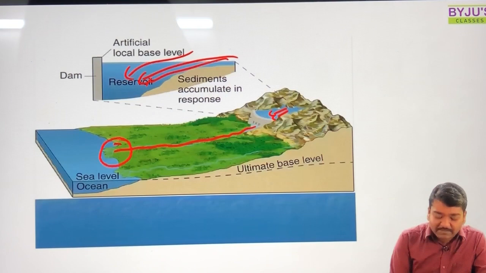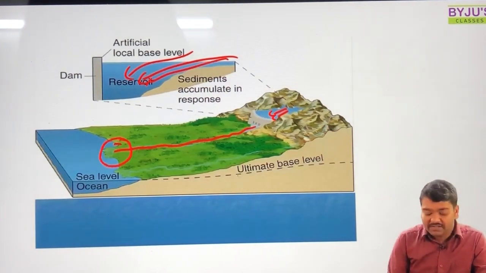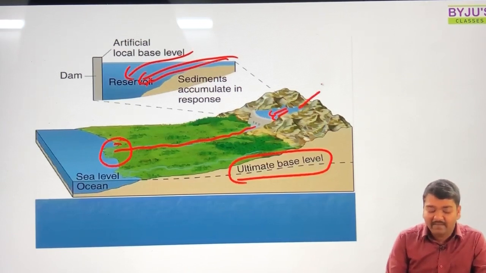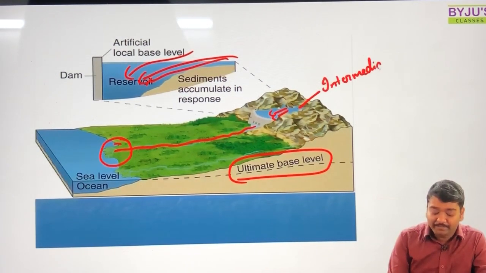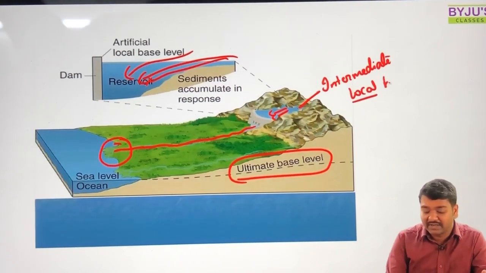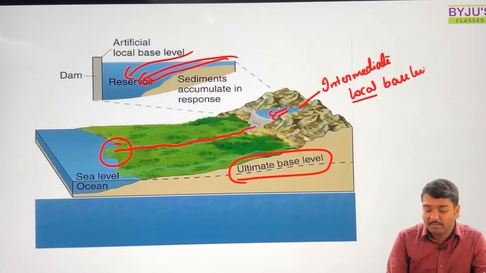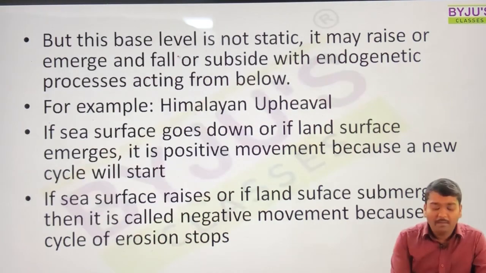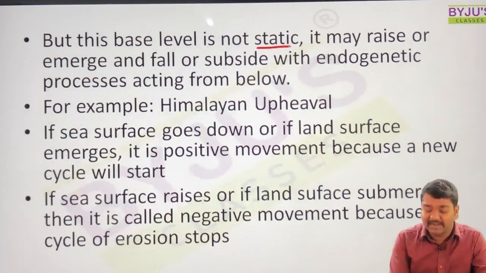Below this, they cannot erode. So this is what we call the ultimate base level. And this dam is actually your intermediate or artificial, local base level. Local is important because it is only present in that area.